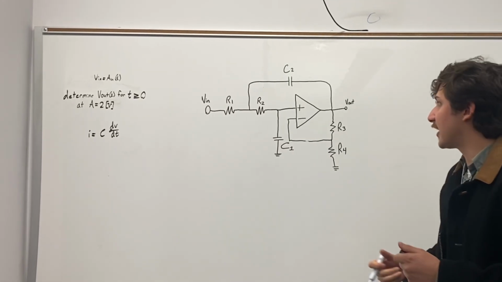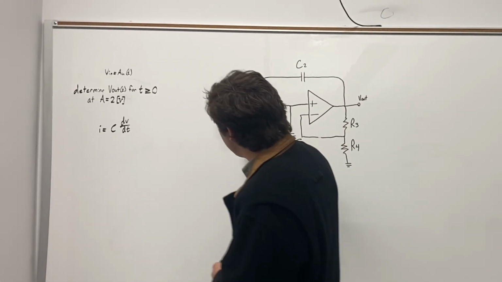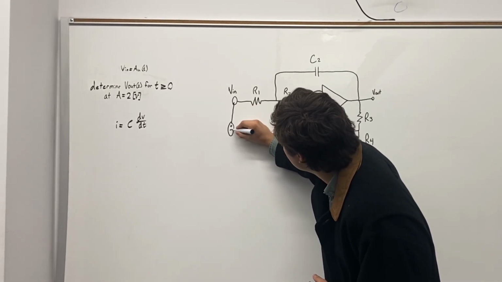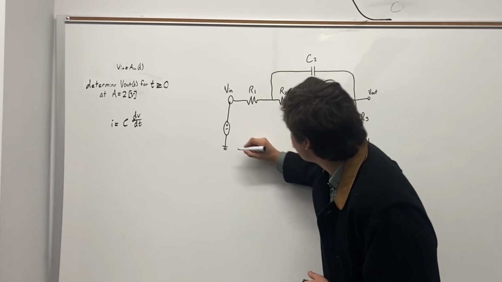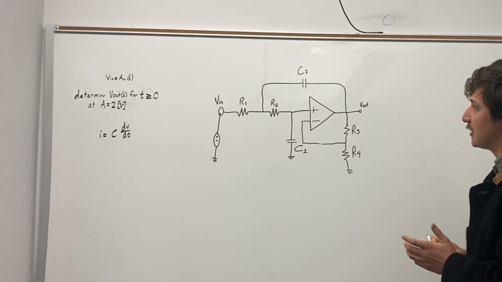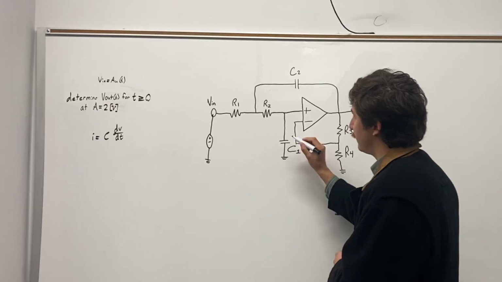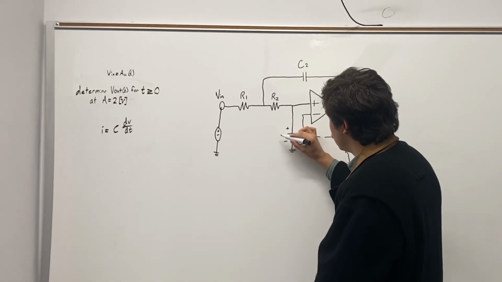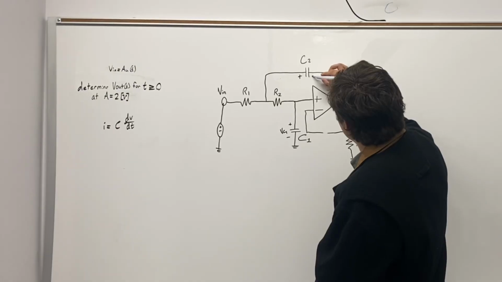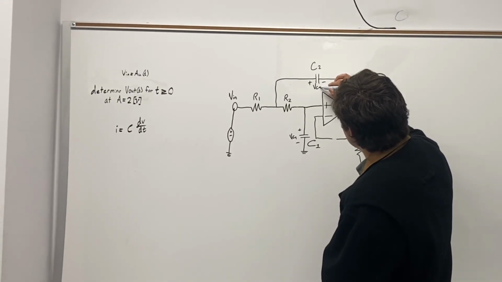From here, we're going to kind of enter our goodie bag of techniques that we've learned, and start off by doing a KCL. Before that though, I'm going to go ahead and label this as VC1 and this as VC2.